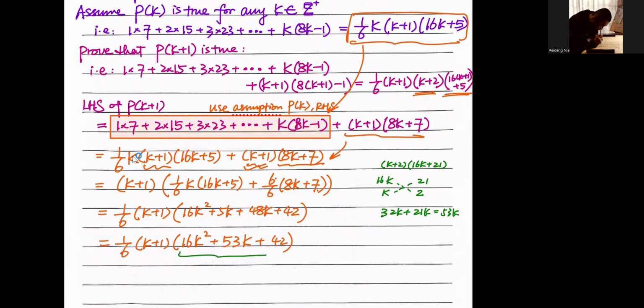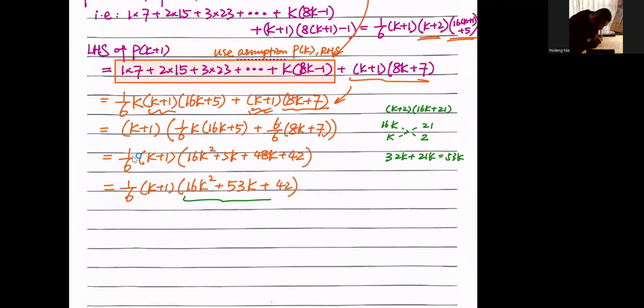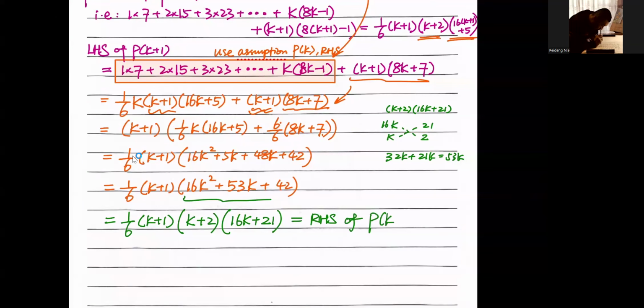Yep, exactly what I want to see here. So I need to explicitly factorize the second quadratic term. Say (k plus 2)(16k plus 21), which is equal to the right-hand side of Pk plus 1. So therefore, if Pk is true, Pk plus 1 is also true.